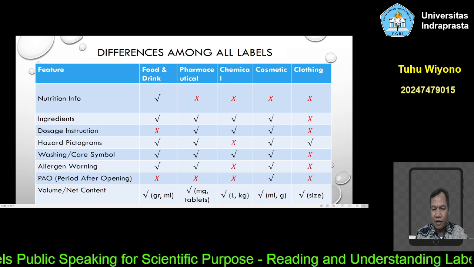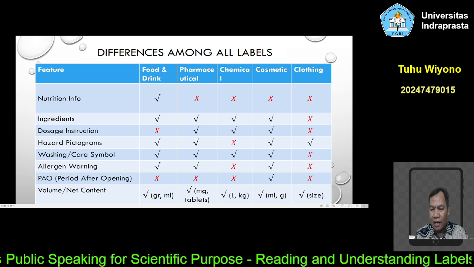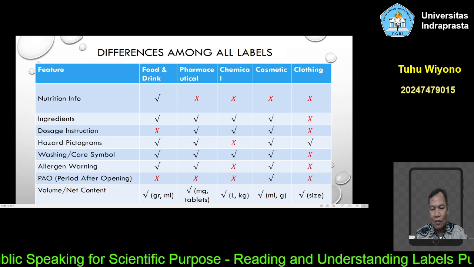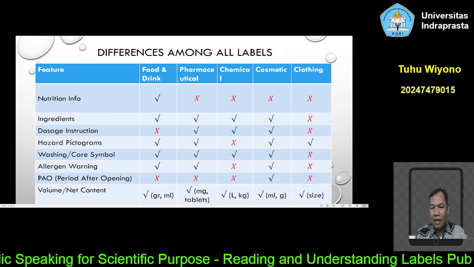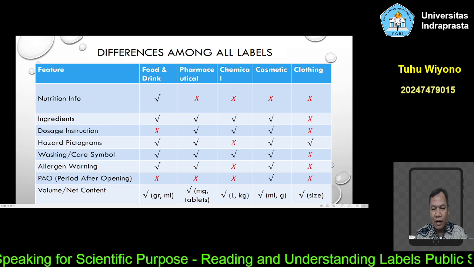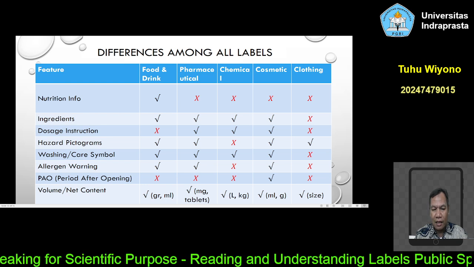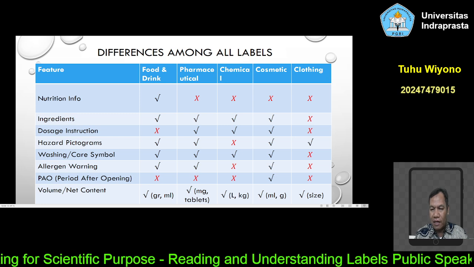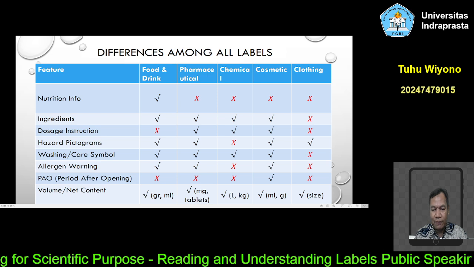Washing and care symbol is almost all available in labels but not in clothing. Allergen warning is not available in chemical and clothing.